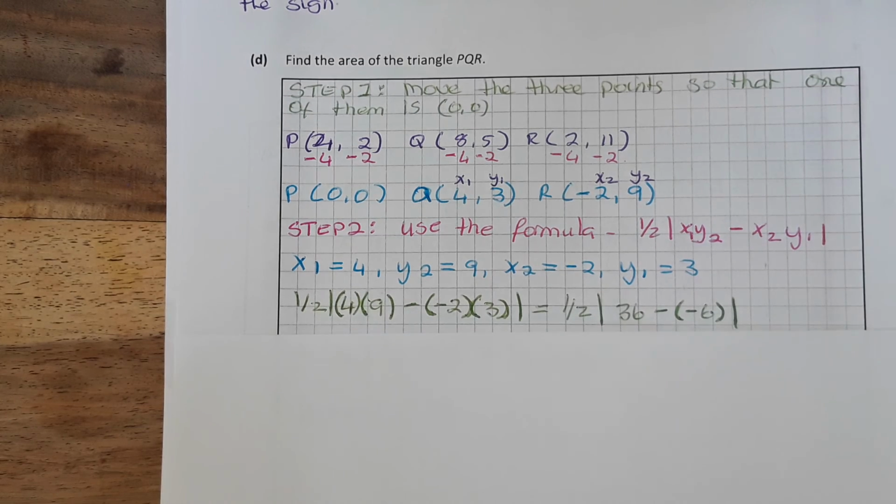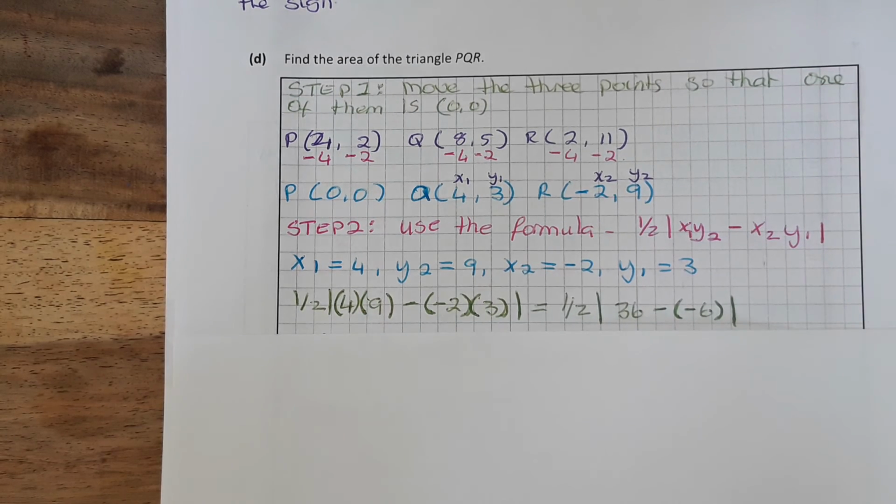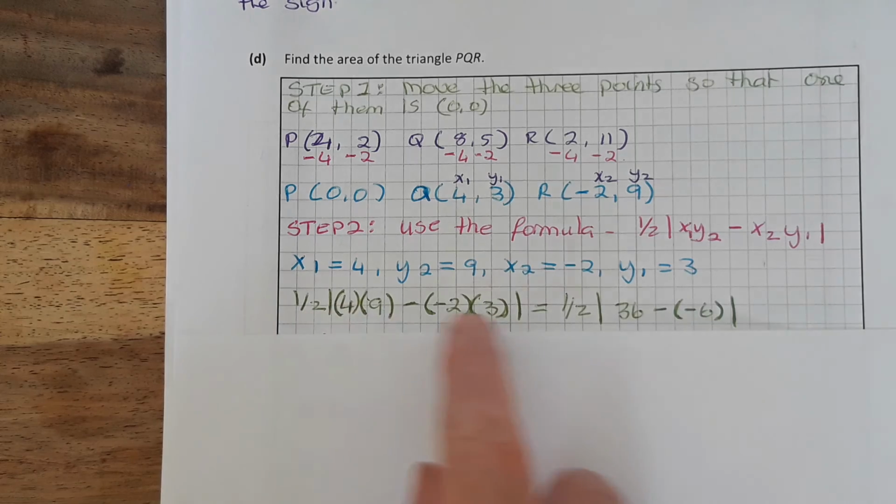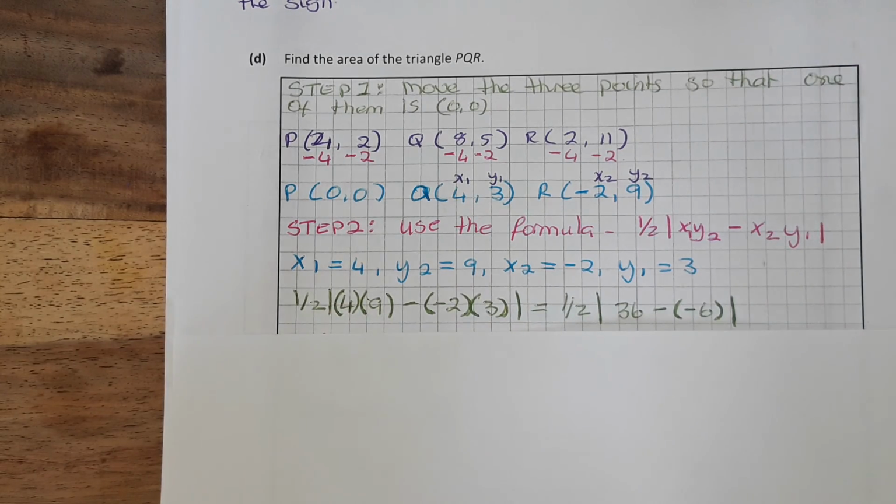So simply put that into your formula. So half, 4 by 9 minus minus 2 by 3. Now see the way I have them all in brackets. You could probably just put that straight into your calculation. I don't think you'll be able to put in the modulus lines. You might. I don't know how to do that. But if you know how to put in those 2 straight lines, you can put that straight into your calculator.